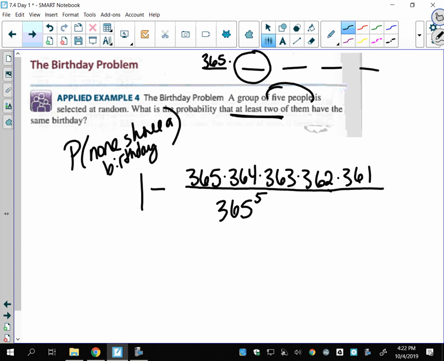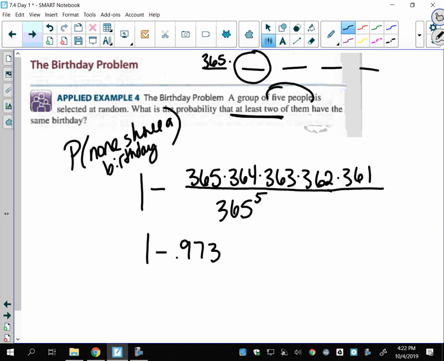There's going to be some crazy numbers, right? The chance that they have different birthdays is going to be really, really high. Like if I do this, I get 0.973. Pretty good chance that 5 people don't have the same birthday.